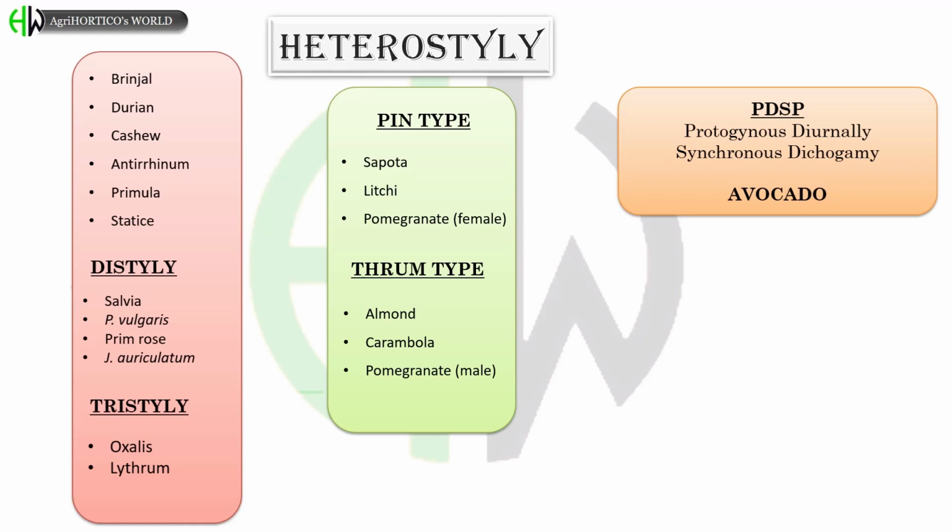Next, pin type is seen in sapota, lychee, pomegranate female, and thrum type is present in almond, carambola, pomegranate male. Another important one is PDSP, that is protogynous diurnally synchronous dichogamy, which is present in avocado.